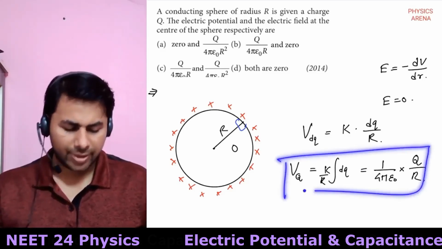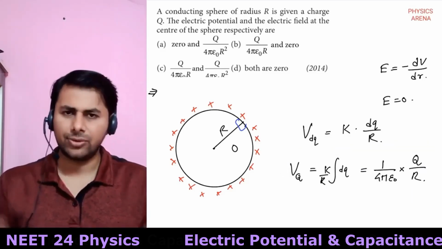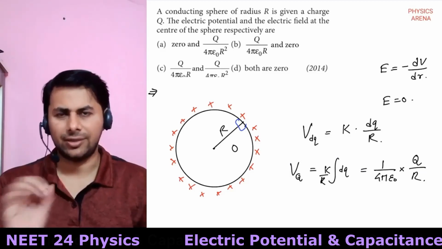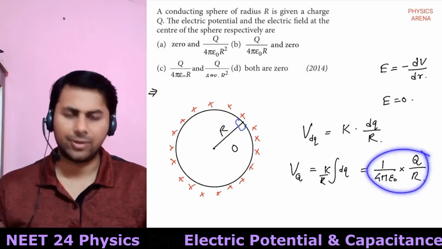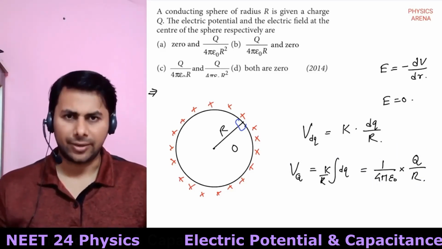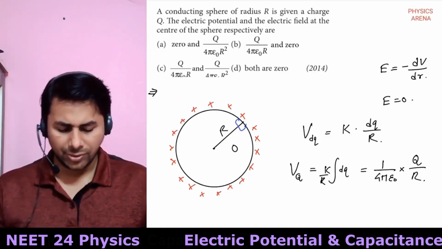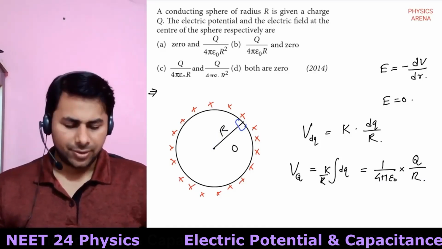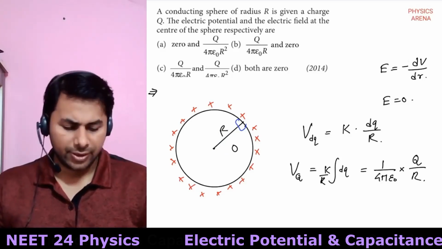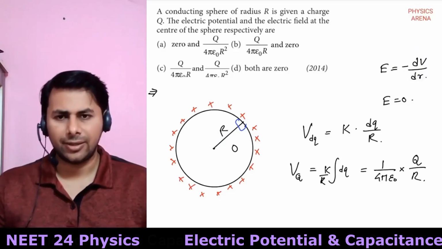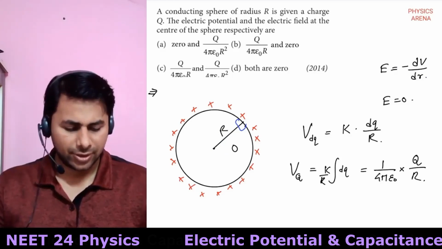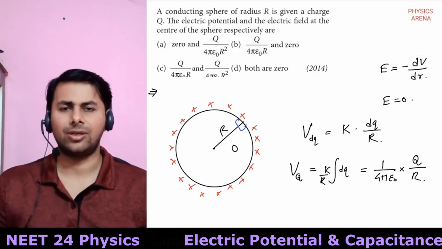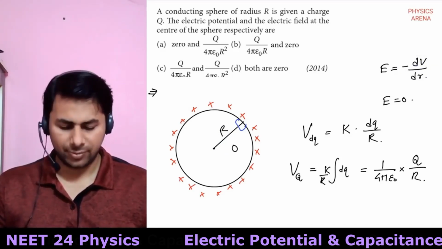Now you have to remember this formula: the potential due to a charged spherical shell at the center is 1 upon 4 pi epsilon naught q upon r. But the electric field we know is 0, and we write the electric field as minus dV by dr, the change in potential with respect to distance.